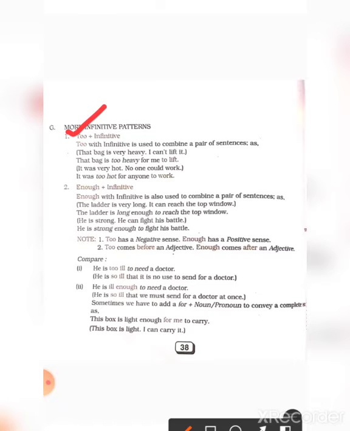For example, that bag is very heavy. I can't lift it. When you have to join the two sentences, how can you write? That bag is too heavy, T-O-O, because it is very heavy. So that is why: too heavy for me to lift. The bag is too heavy for me to lift.